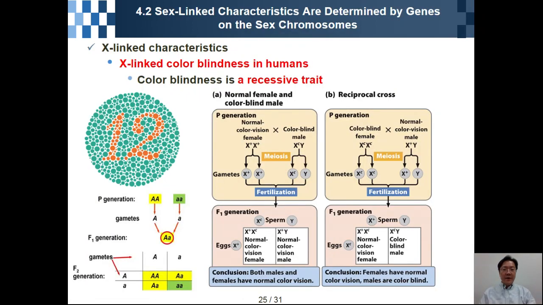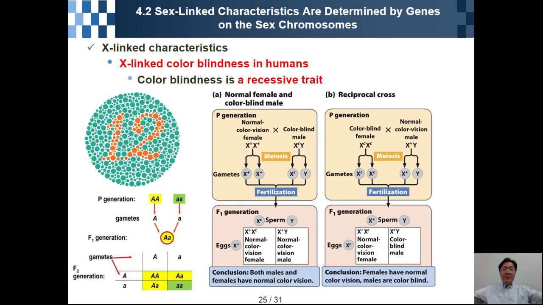Okay. In this slide, I will explain another X-linked characteristic. Usually color blindness is an X-linked characteristic. For example, what can you see inside the circle? If you can see 12, it means that you are not color blind.